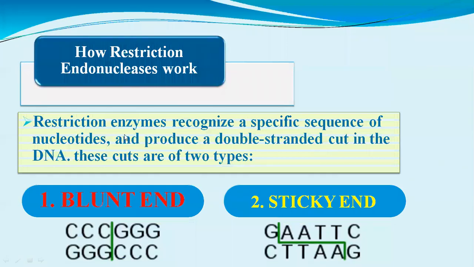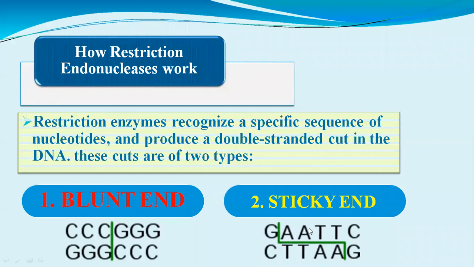Restriction enzymes recognize a specific sequence of nucleotides and produce a double-stranded cut in the DNA. These cuts are of two types. Either they produce blunt ends or sticky ends. Blunt end means they make a straight cut, like cutting a vegetable, an onion, directly straight. In sticky ends, they cut in a specific manner, where some sequences will be overhanging.